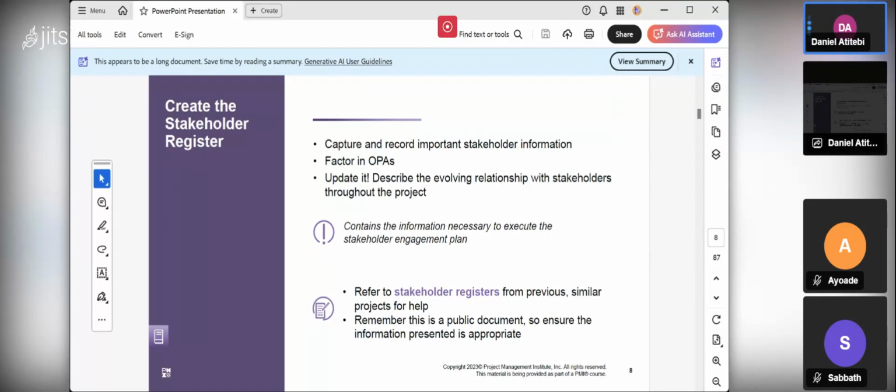But the stakeholder register is a living document because you keep on updating it. There's a need for you to update it because sometimes some stakeholders are no longer interested in the project. You have to strike them out of the stakeholder register. Some stakeholders, unfortunately, may die along the way, even before the completion of the project.